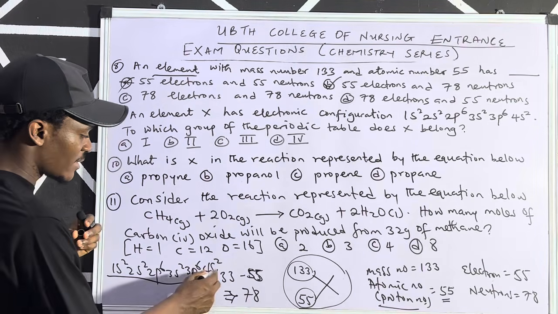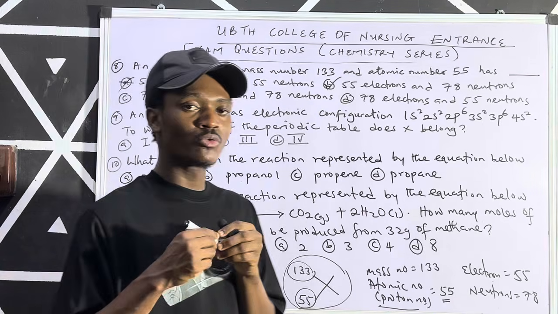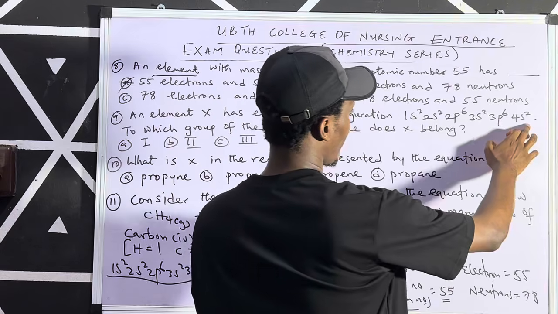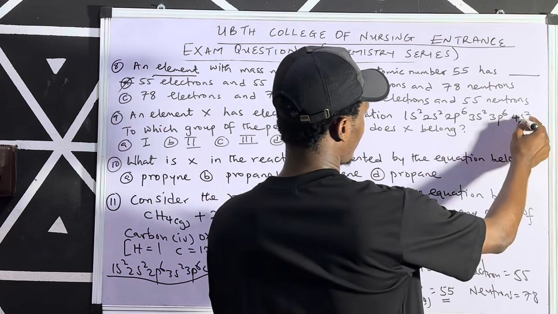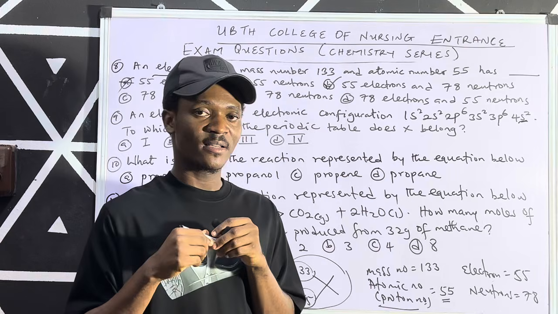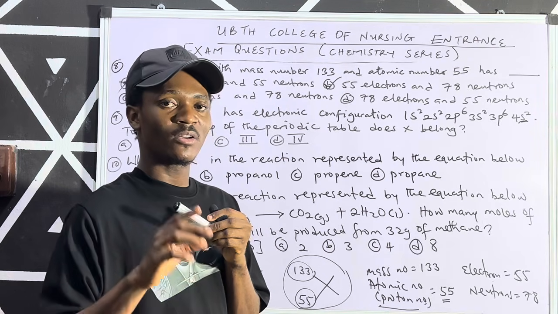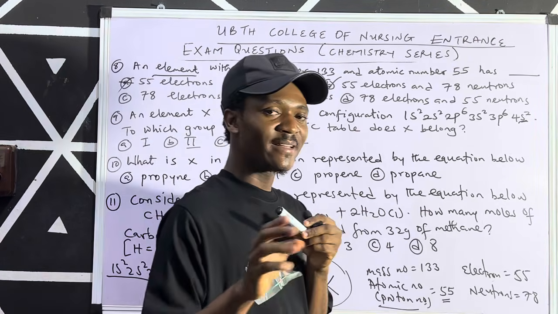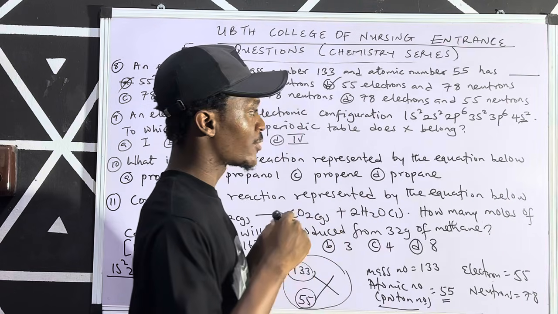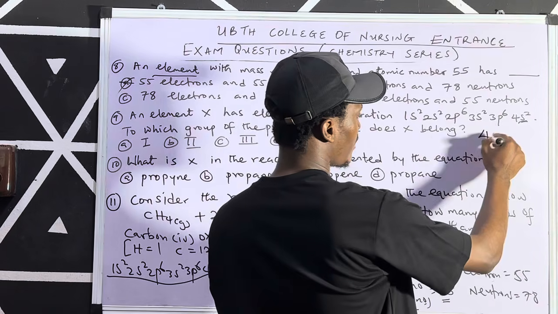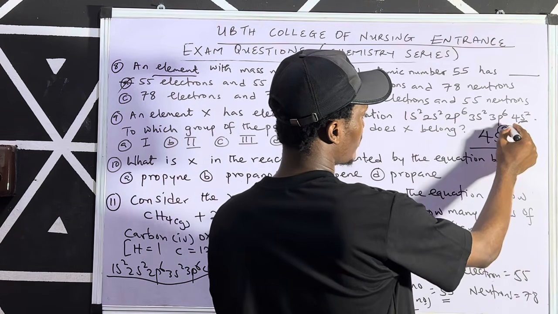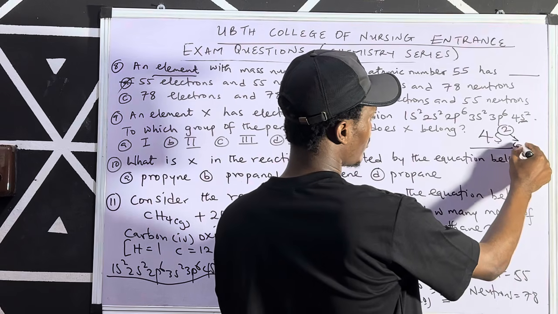Now the trick is, any element whose orbital configuration ends in s, because in this case this is 4s, irrespective of the number coming before the s, so long as it ends in the s, just know that the power is the group. So in this case, since it ended in 4s2, the power of s is 2. Automatically, that is the group.